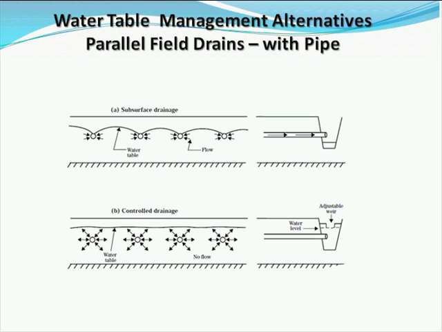Now, the location that you would put your control structure with a combination surface-subsurface system would be in that surface ditch. You would have some type of water level control structure on the ditch, and you would set your water level in the ditch, and then that water would back up in the drainage pipe.